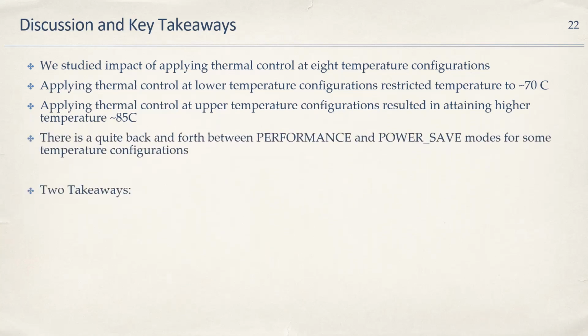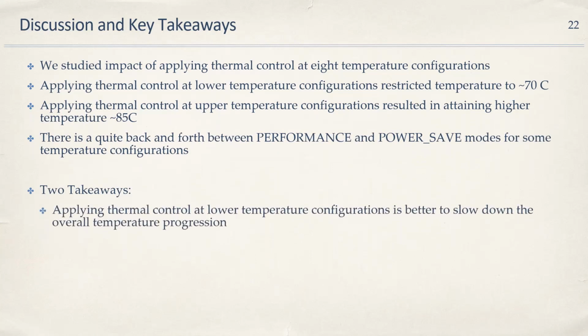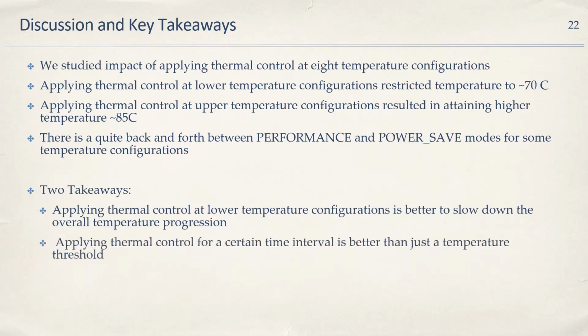So there are two key takeaways. One is that applying thermal control at the lower temperature configuration is better to slow down the overall temperature progression. Maybe 70 is the ideal in our experiments. And then, applying thermal control for a certain interval is more desirable than just temperature threshold based thermal control, to avoid this back and forth.